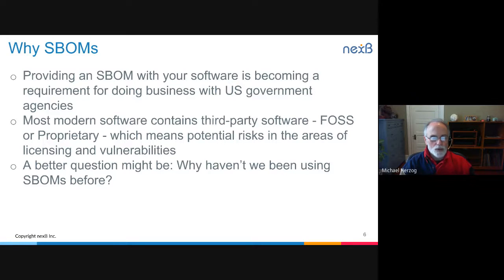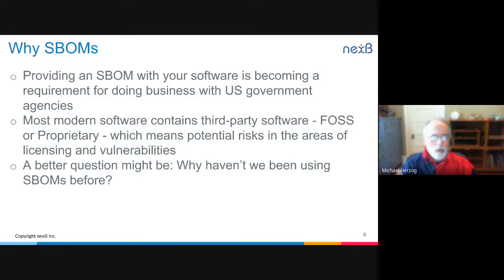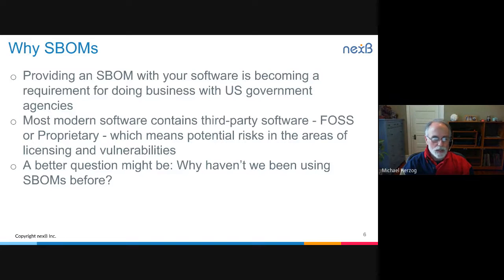And those are not new at all, but the requirements from the US federal government and also emerging requirements from the EU are going to require people to be much more organized and rigorous in how they look at this. And if you have third-party software, something you didn't create yourself, you need some way to get information about that software so that you're not just passing on a vulnerability or other type of risk.